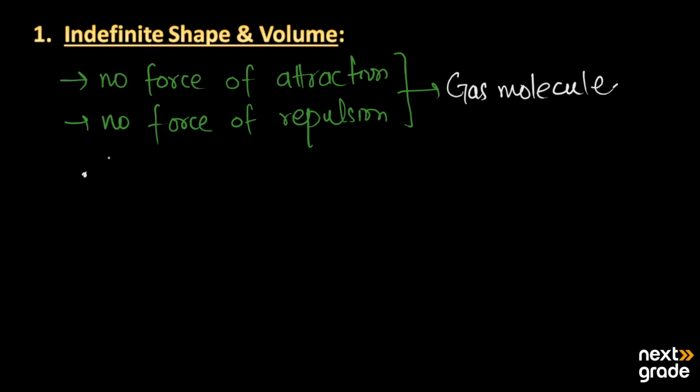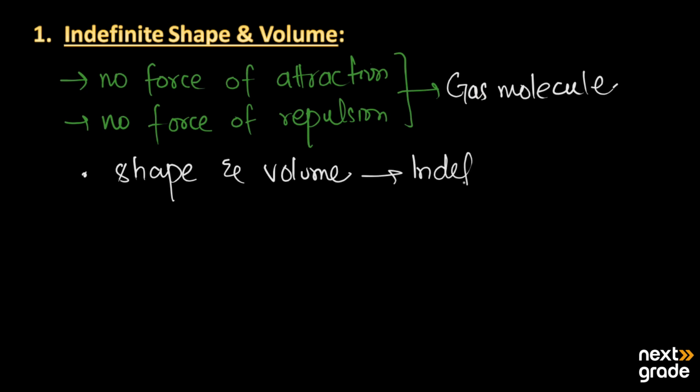So their shape and volume are basically indefinite. Indefinite means their shape and volume are not definite. They can acquire the shape and volume of whatever container the gas has been kept in.